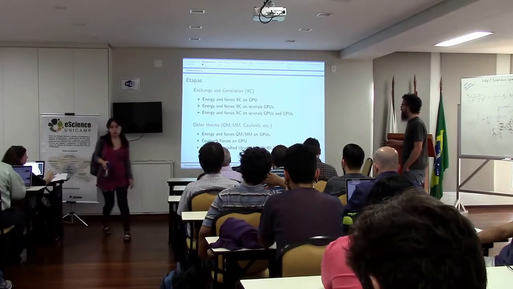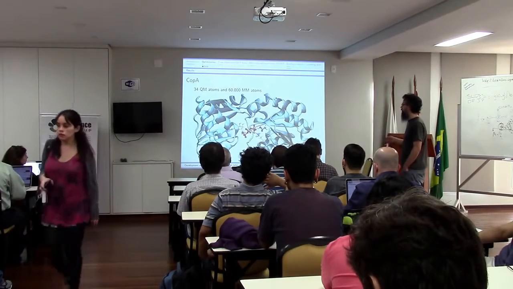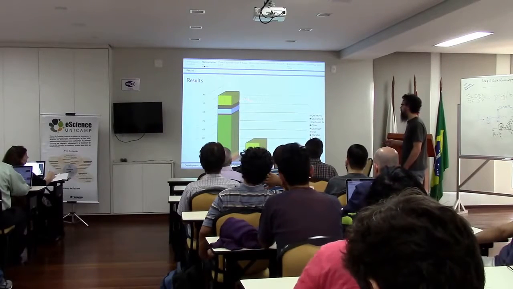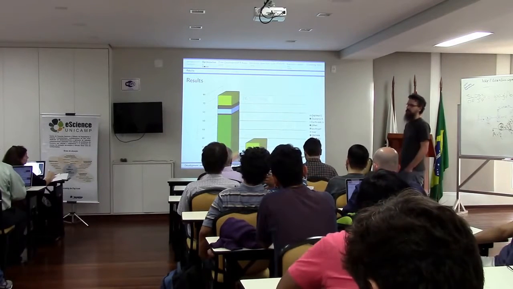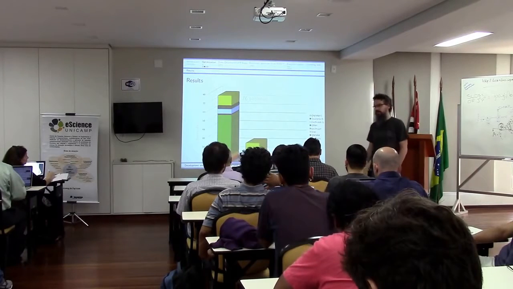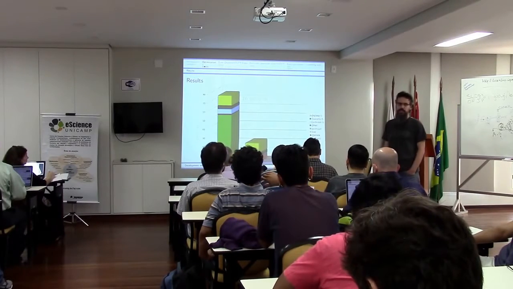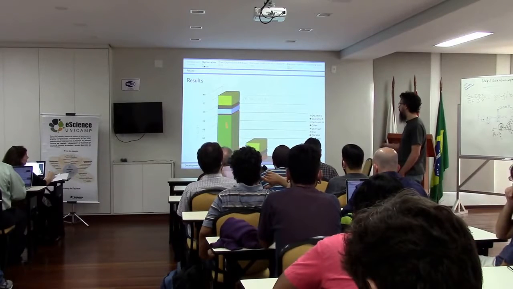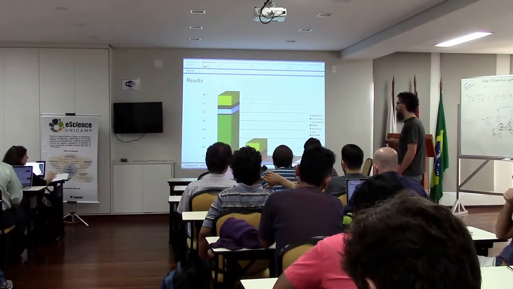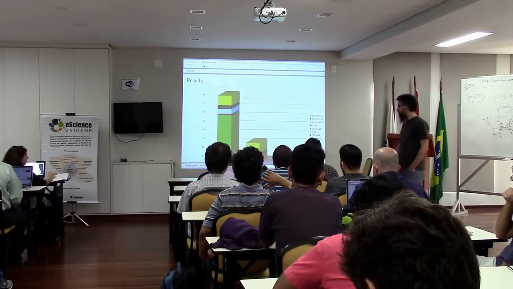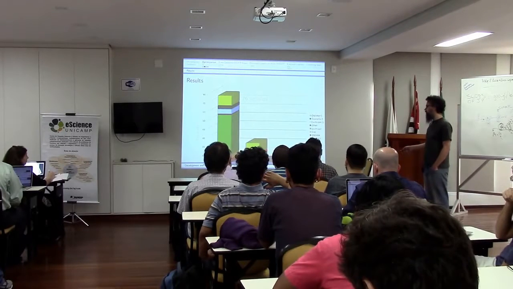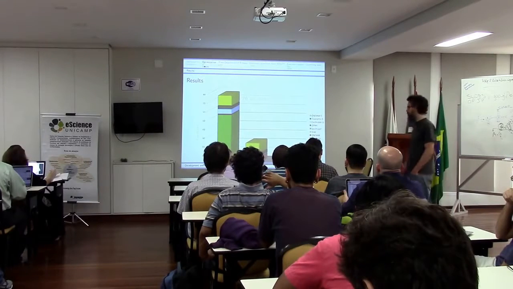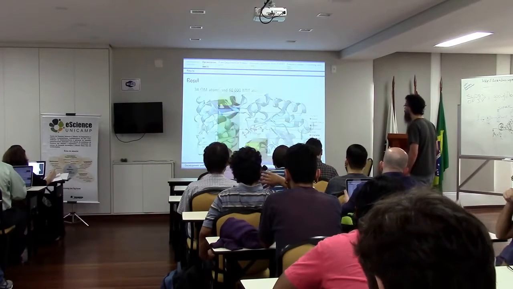But with a lot of work on this system, we passed from 76 seconds per step to 3.3 seconds per step. This is the time for each stage, and we can reduce the execution time per step to 3.3 seconds.